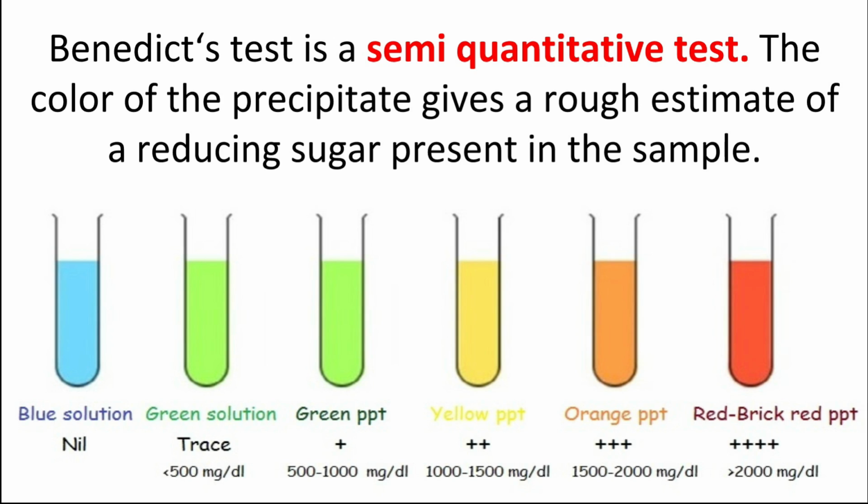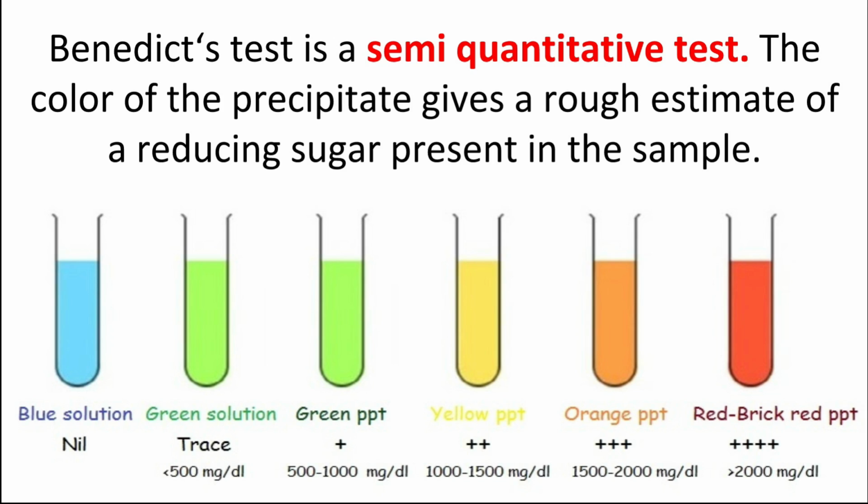Now this helps us in clinical conditions. Normally we utilize the Benedict test for the identification of glucose or other reducing substances in urine. Basically it's a non-specific test, but it helps us identify whether there is sugar in the urine or not for diabetic patients.